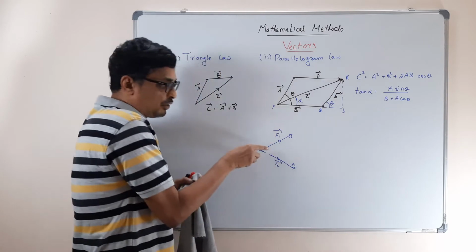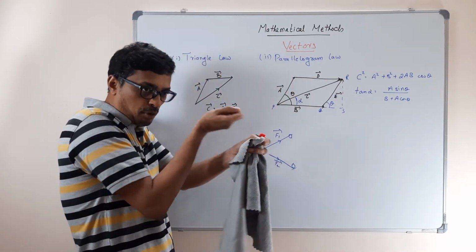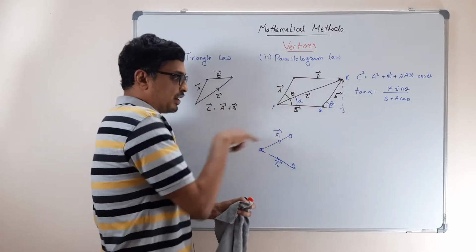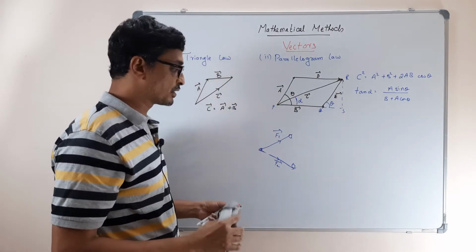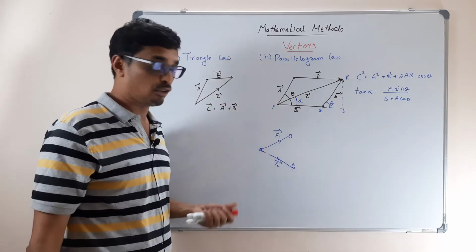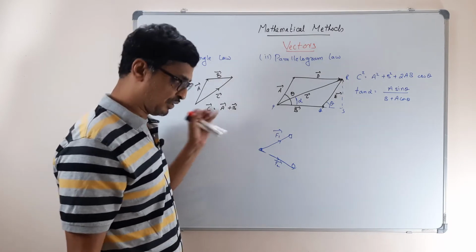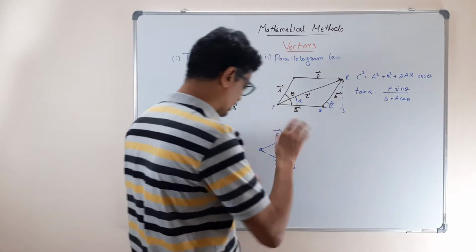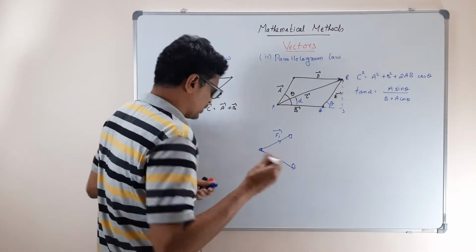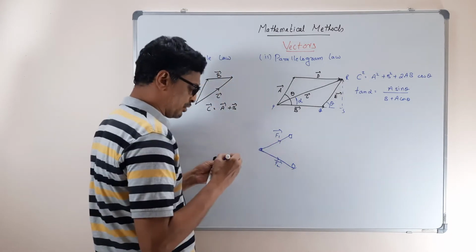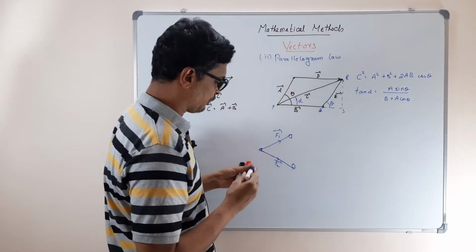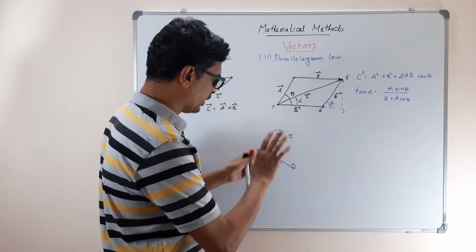If F1 is not equal to F2, if you are not able to pull it properly, then it's not going to go straight, it goes in some other direction. I'm asking what will be the direction and what will be the magnitude. You can use a parallelogram, or you can get the direction from the triangle also. So first we have to represent F1 and F2 in the vector diagram.